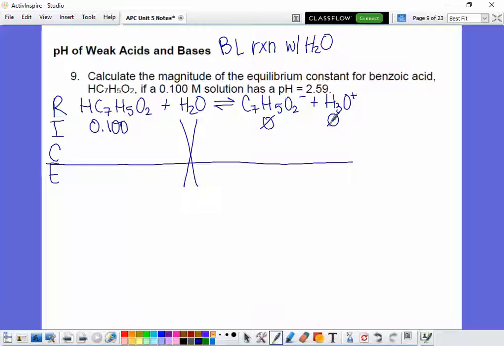So whenever you're either given pH or asked to solve for pH, it's always when that reaction is at equilibrium. All right, so which direction will this reaction proceed? It's going to proceed towards the right because we have none of our products. So what's my change for my reactant? Minus x. And what about my products? Plus x for both. So this is x, and this is 0.100 minus x.